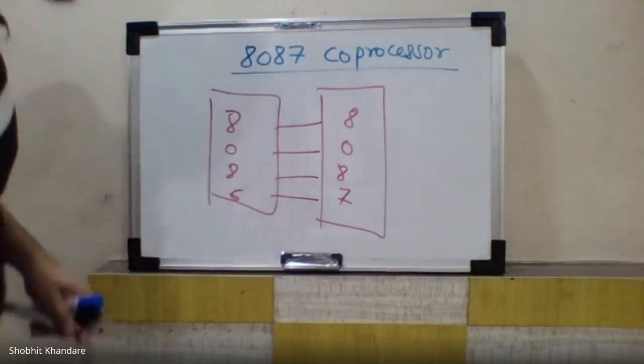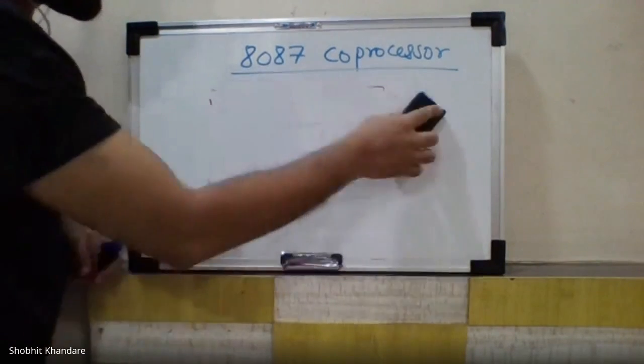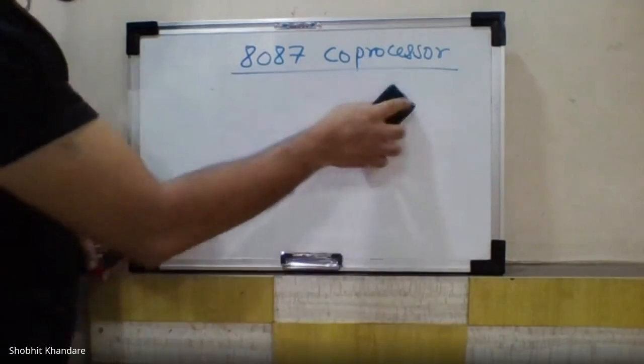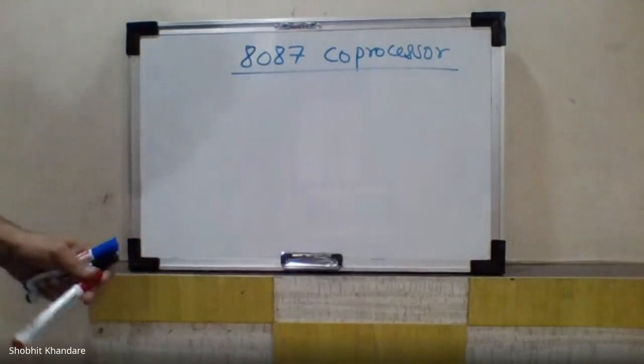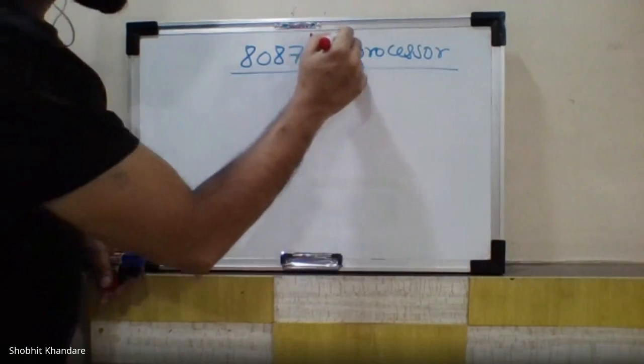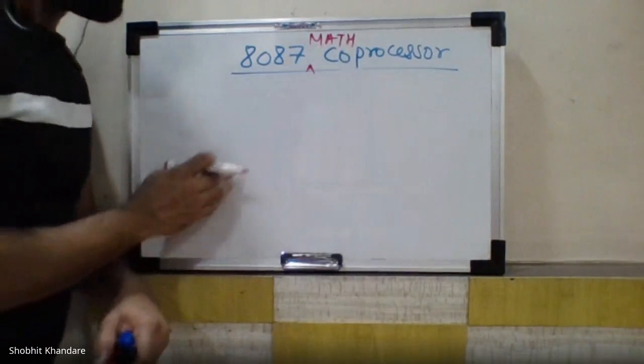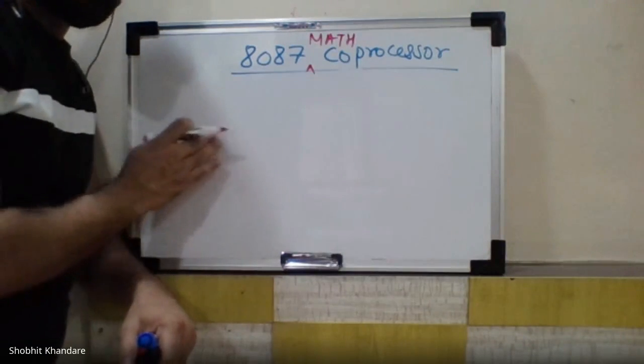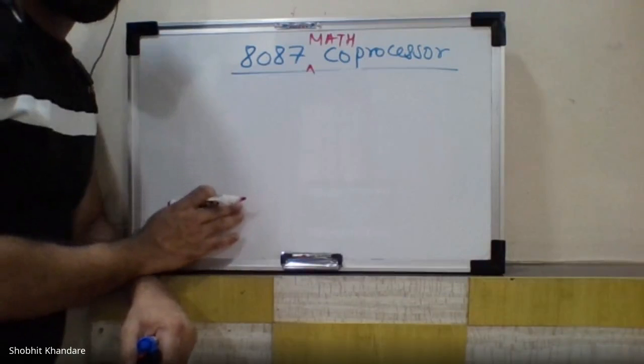So what is this 8087 coprocessor? It is also called the Math Coprocessor. That means this processor along with 8086 can perform mathematical operations.